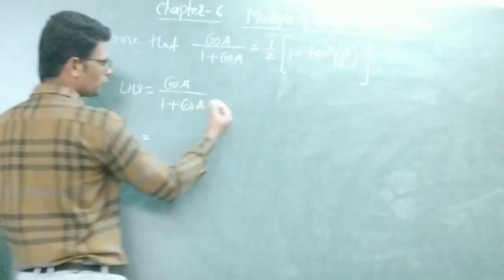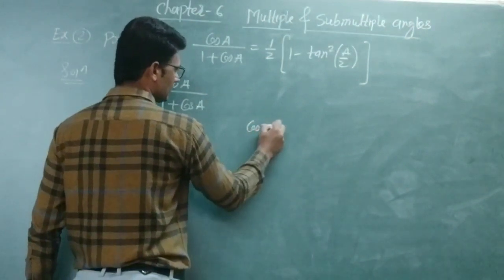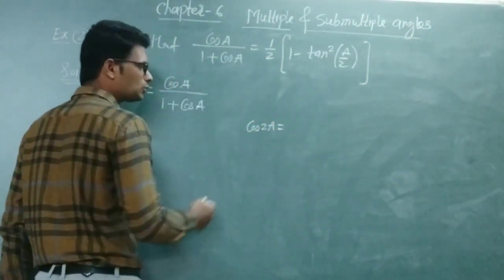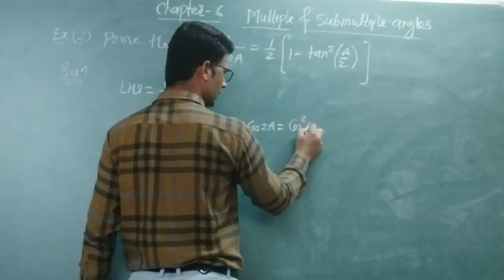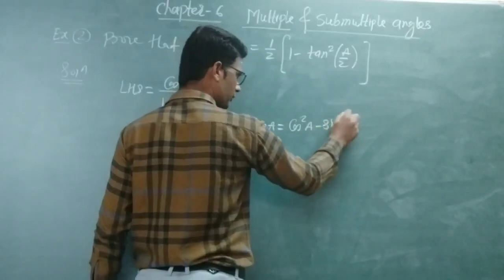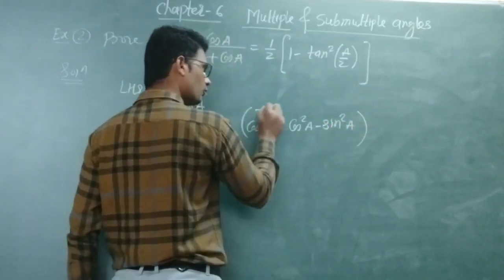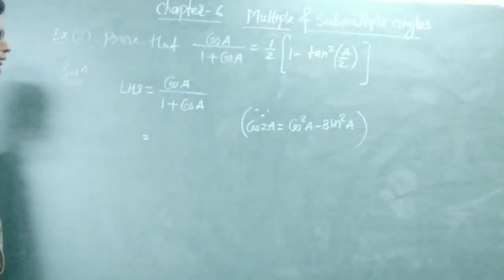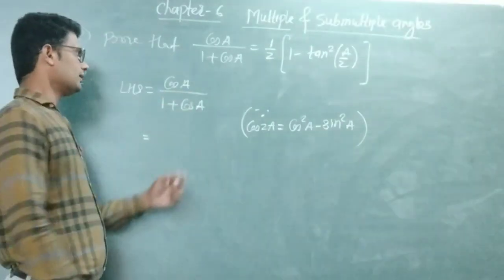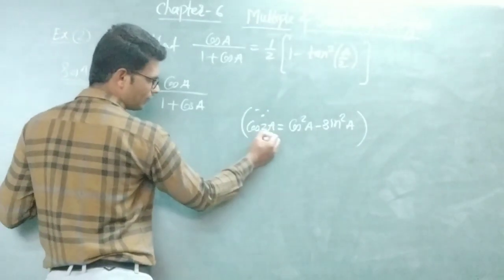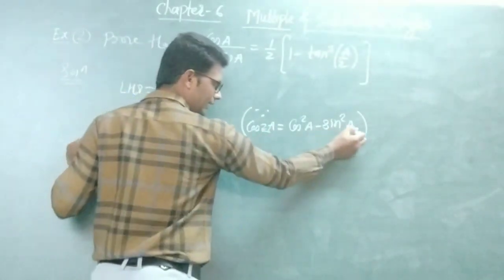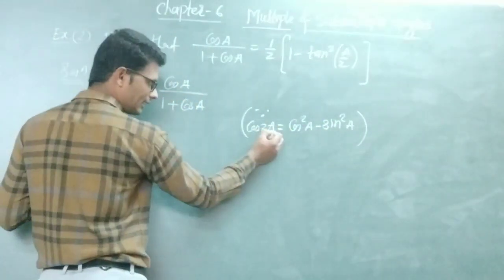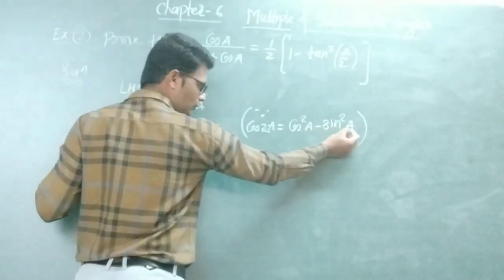What do you know about cos 2A? You know that cos 2A is nothing but cos square A minus sin square A. This is the formula for cos 2A. We will apply this formula for this cos A. If you have 2A, then we have A here. If you have A, then I have to divide this by 2.